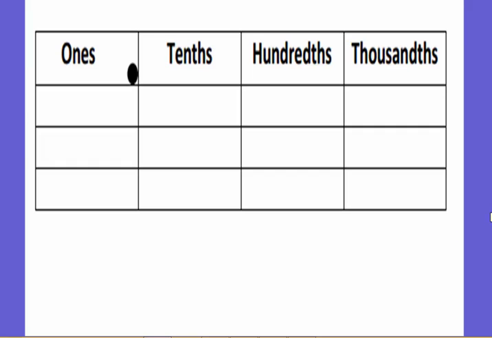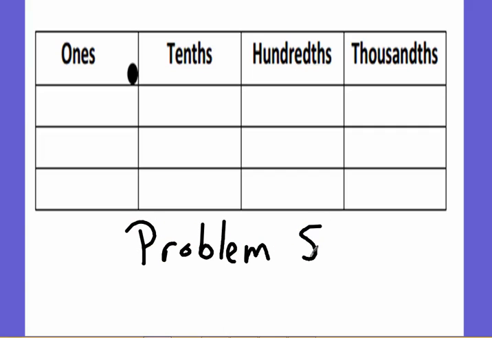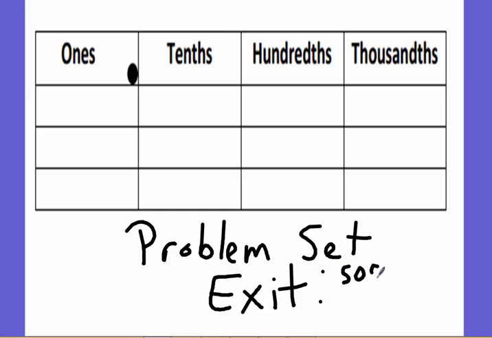Alright, what you're going to do now is work on your problem set. When your problem set is done, then you're going to work on your exit ticket. Your exit ticket is going to be on Socrative, so you'll need to log into Socrative.